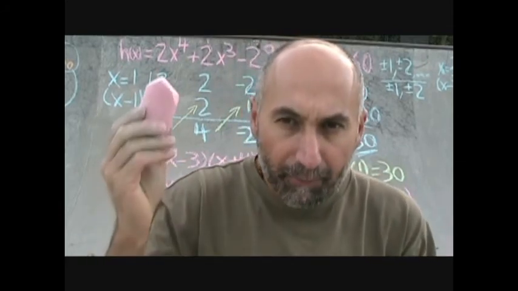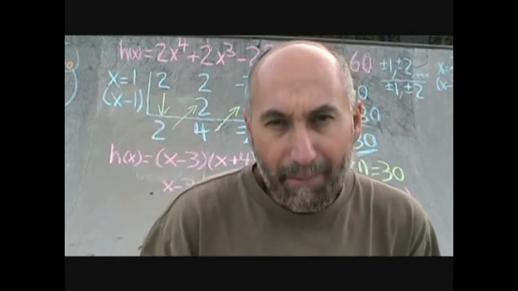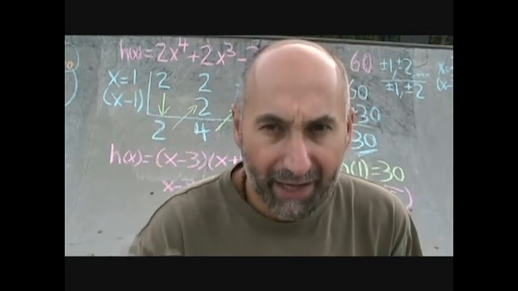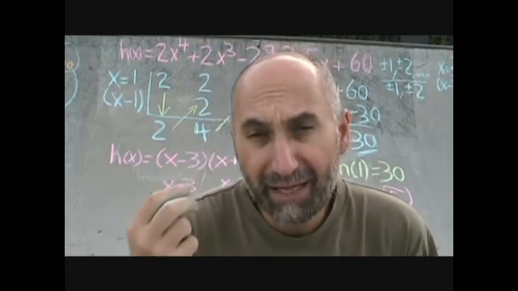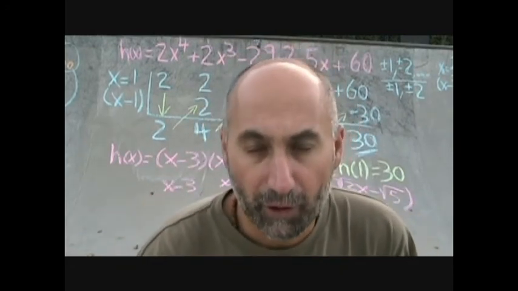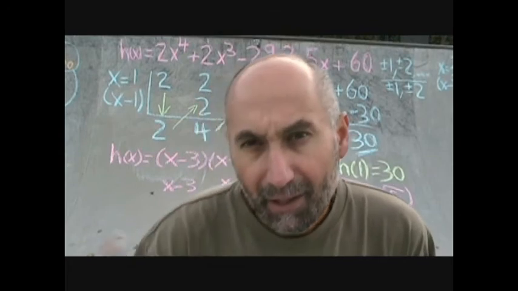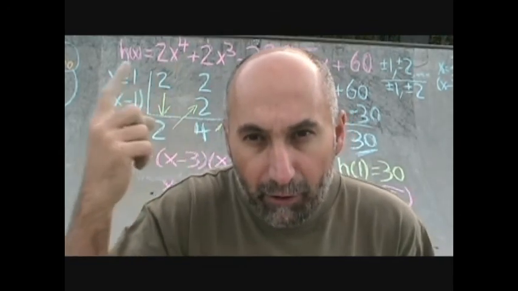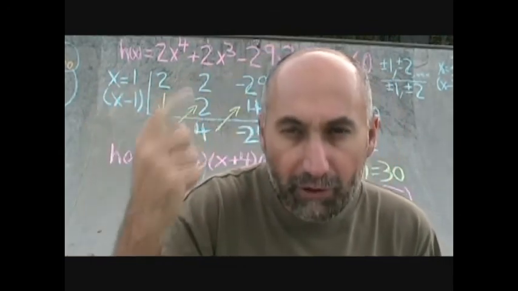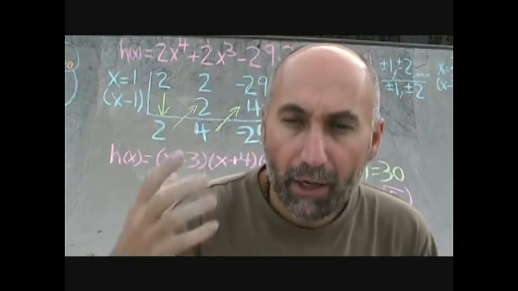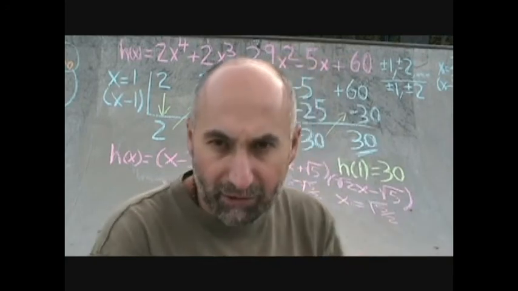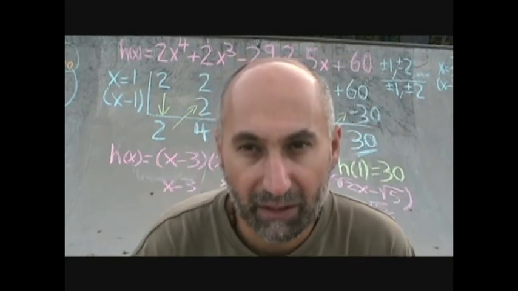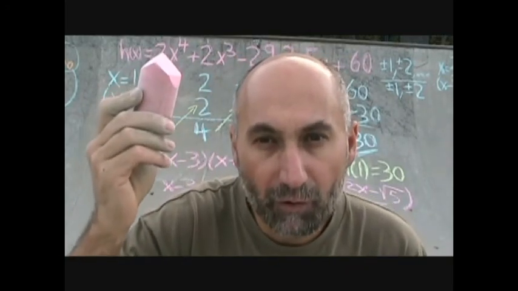So this was x to the power of 4, and the maximum number of x-intercepts we could have had was 4, and we ended up getting 4, okay? You don't necessarily get 4. Sometimes you get none, right? But the highest power in any polynomial gives you the maximum number of x-intercepts. And right now, we got 4 x-intercepts. We couldn't have 5 because this was a power of 4, right?